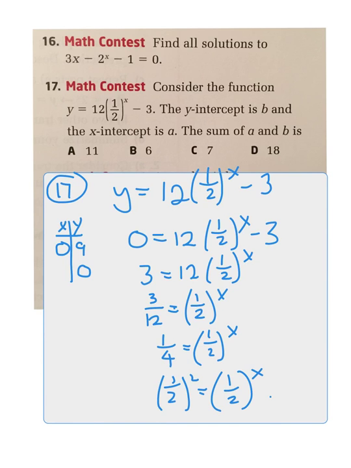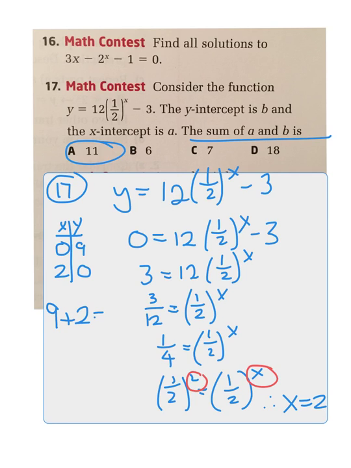So therefore, x equals 2. You've got 2 similar equations. That equals that. So therefore 2, 0. So the x-intercept's 2, and the y-intercept is 9, and therefore the sum of a and b must be 11. 9 plus 2 equals 11.